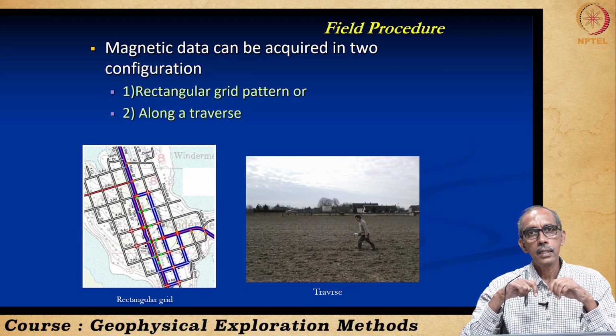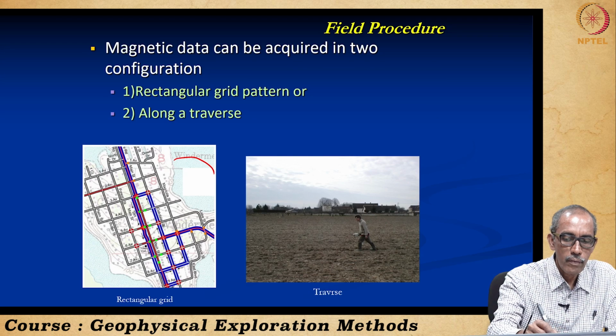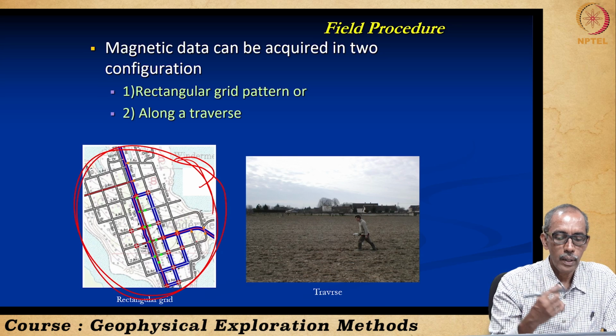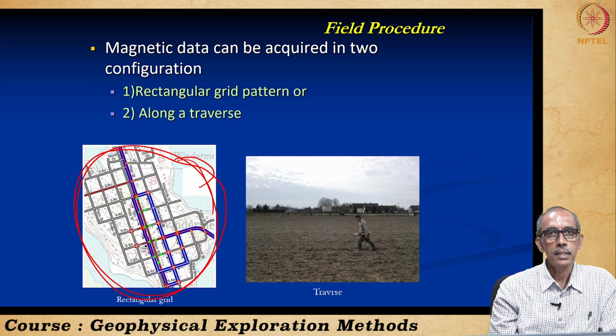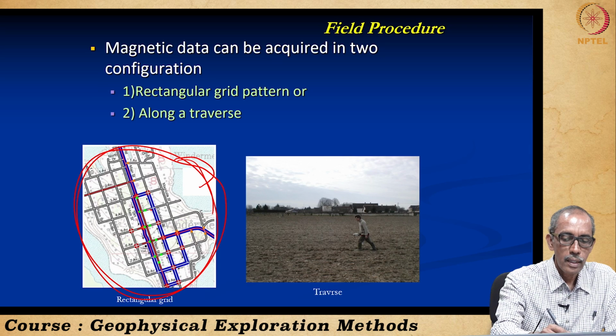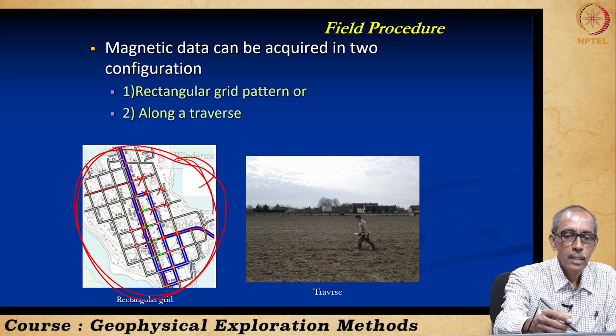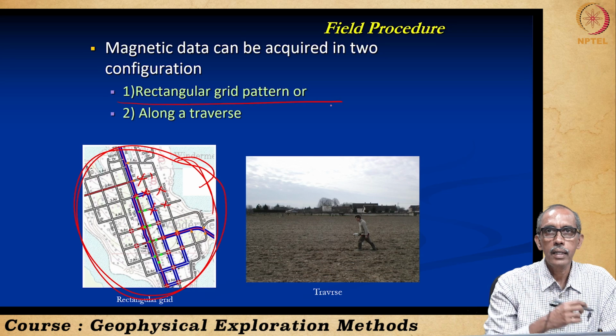As you see in the diagram, a magnetic survey is carried out in a grid manner. It is just a map, more or less like here. In every grid you can take one measurement. So, a magnetic survey is normally carried out on a grid pattern.